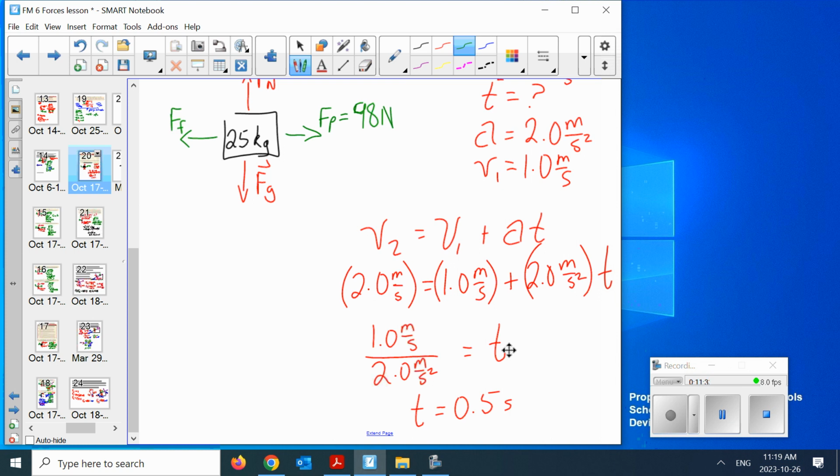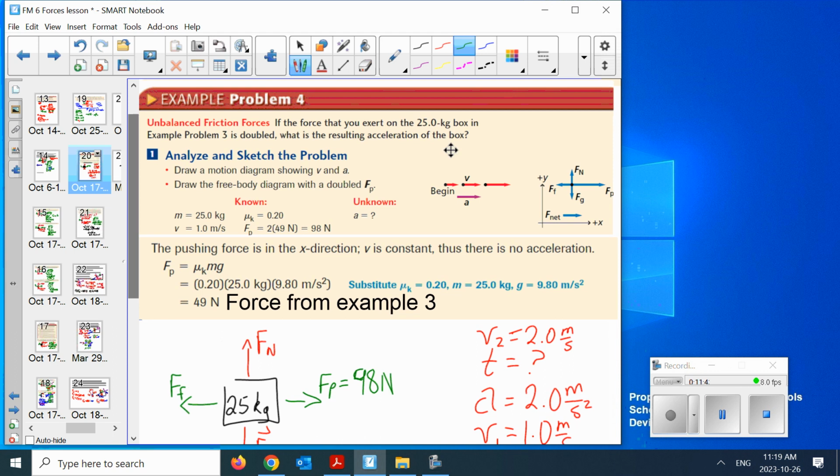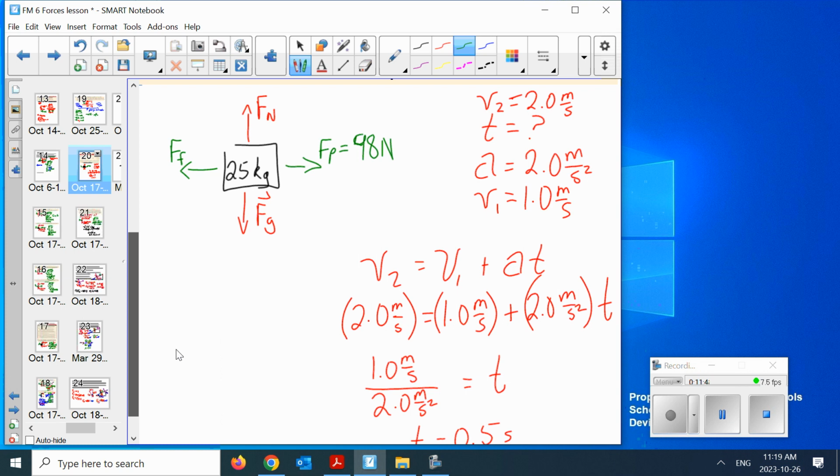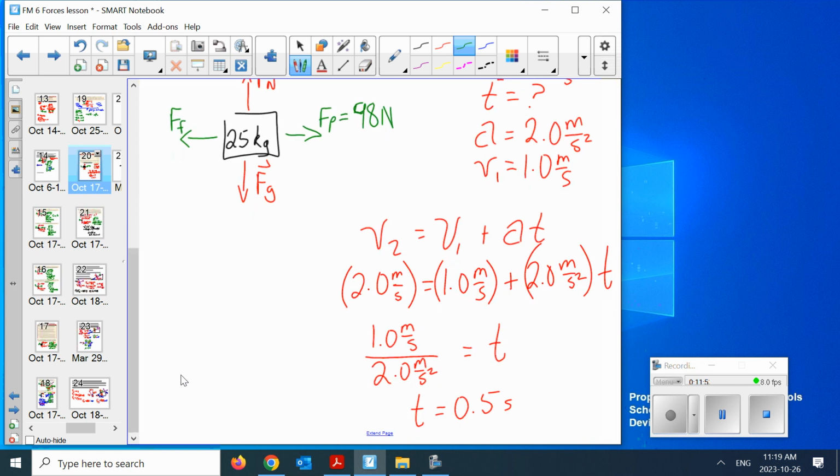Probably not for this problem because really you didn't need it to solve this. Okay. If it's a forces problem though, you typically need this. This is really just copied out from this diagram right here from the textbook. I just recopied it. Under half a second. People with me on that? Now that's just algebra.